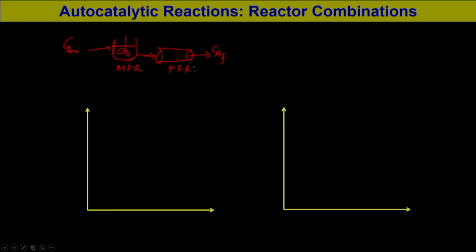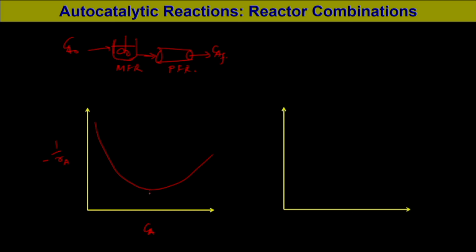In this case, the product is not separated and is fed to the PFR. If we plot minus 1 by RA versus concentration, the nature of the curve is like this for an autocatalytic reaction.